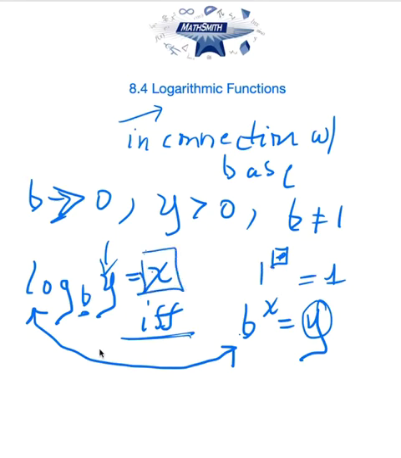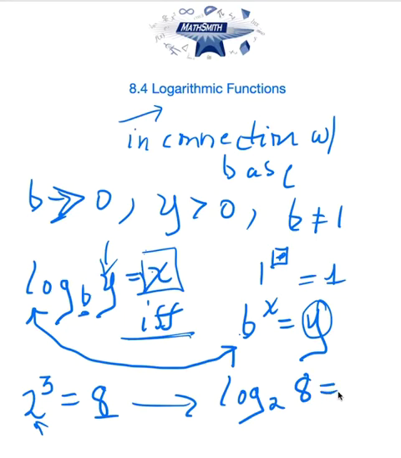Let's put some actual numbers on here. Let's say 2 to the third equals 8. If I were to write this in log form, they're saying the same thing, I'd say the logarithm, what's my base here? It's 2, of the number 8, equals 3.